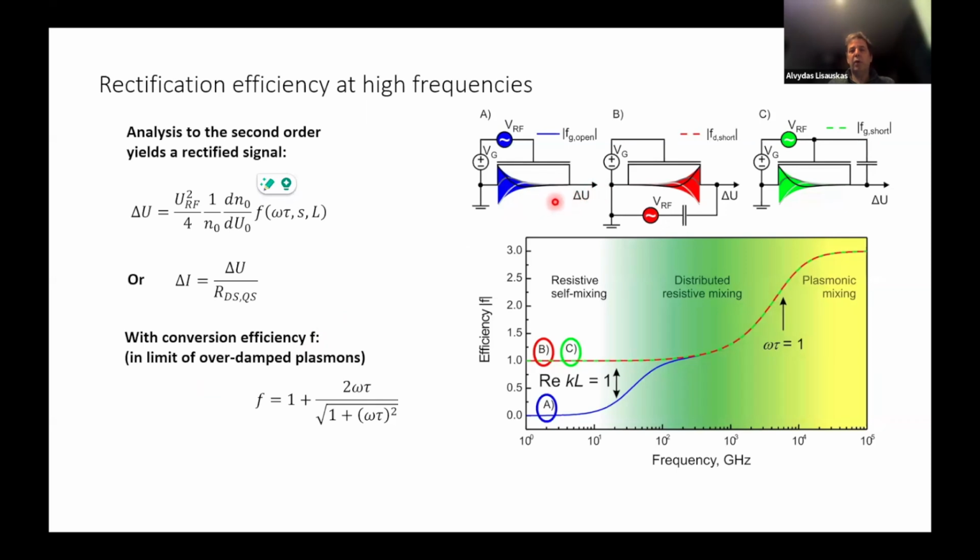So the term overdamped plasmon means that although you have several wavelengths fitting in the channel, the plasmon actually decays so fast that it does not reflect. There is no substantial reflection from the end.